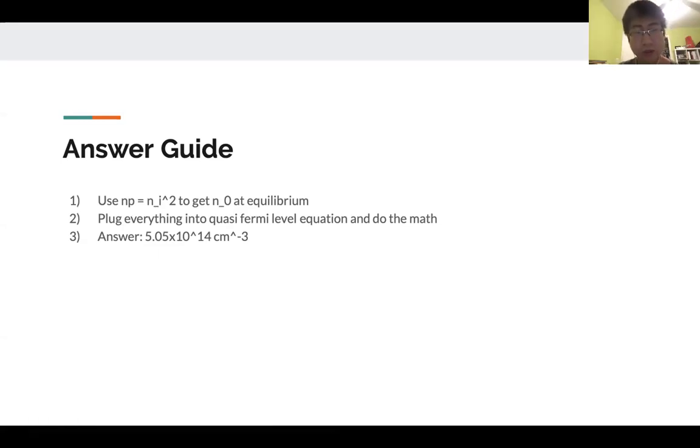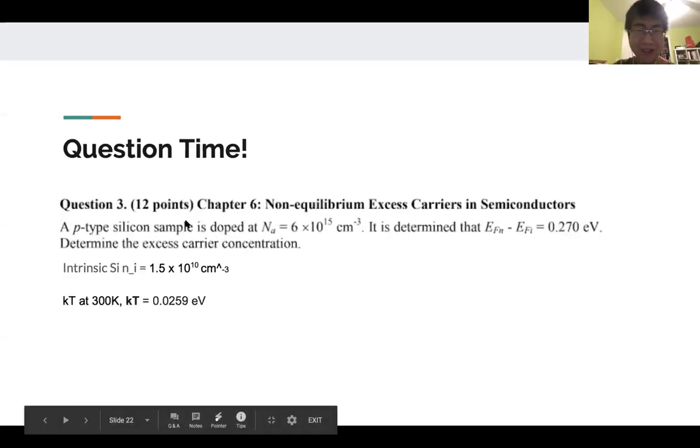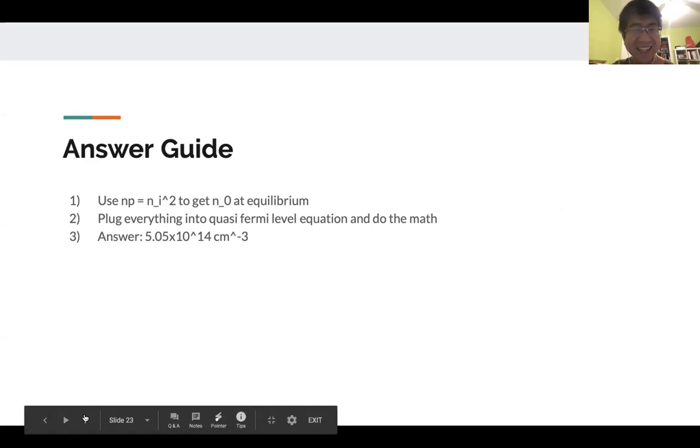And then we can do some math to get N naught at equilibrium. And then we plug all the constants into the quasi-Fermi level equation, and we do the math, and we get an answer. If you guys see this question on your final exam, please get it correct. It's a free 12 points.